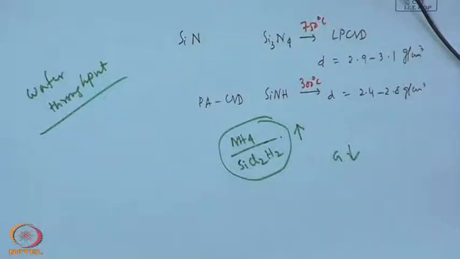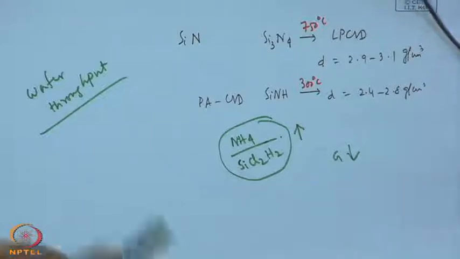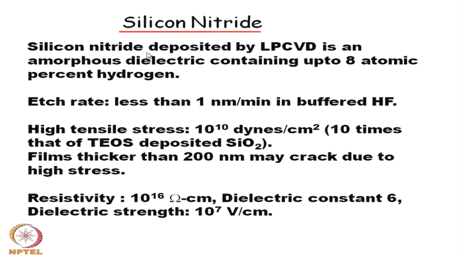Silicon nitride deposited by LPCVD is an amorphous dielectric containing up to 8 atomic percent hydrogen. So, a very high hydrogen percentage is there, and the etch rate is less than 1 nanometer per minute in buffered HF. We have already defined what buffered HF is. It has high tensile stress, 10 to the power 10 dynes per centimeter square.